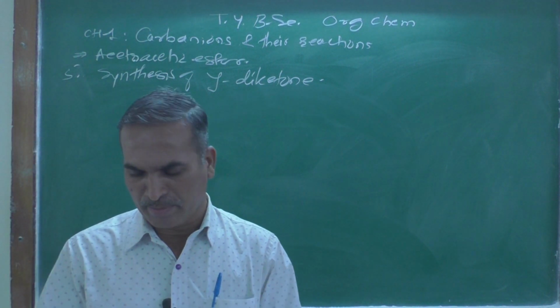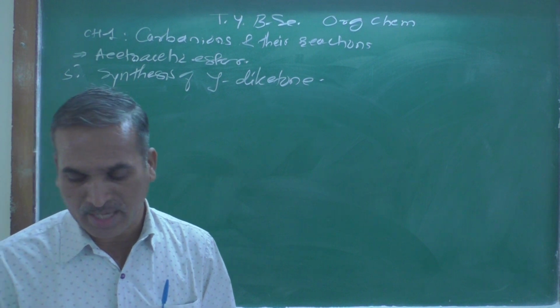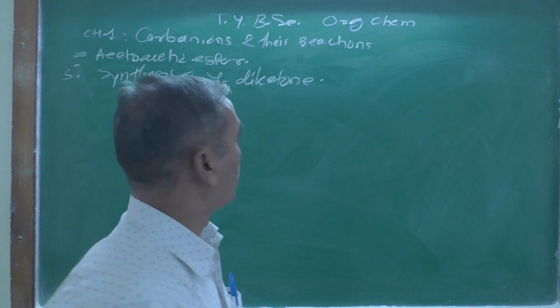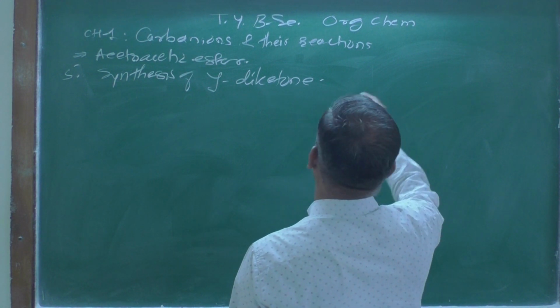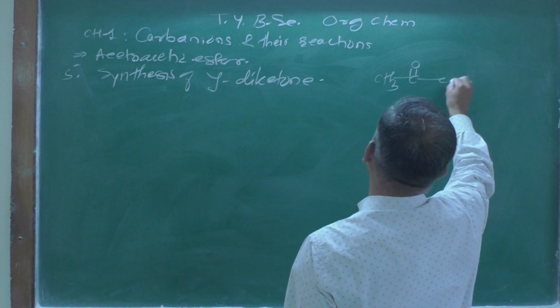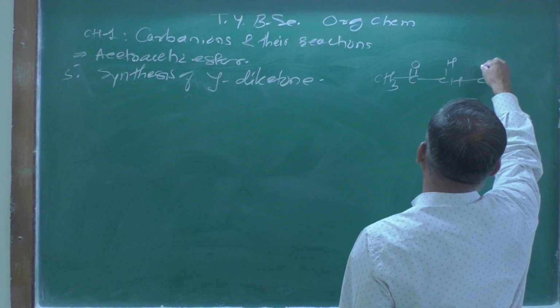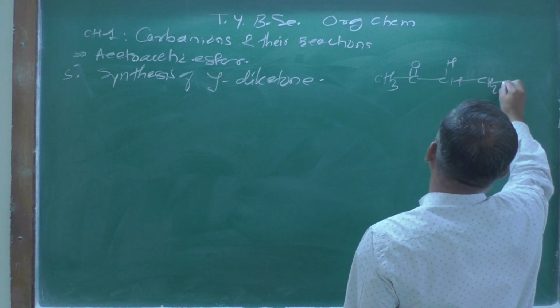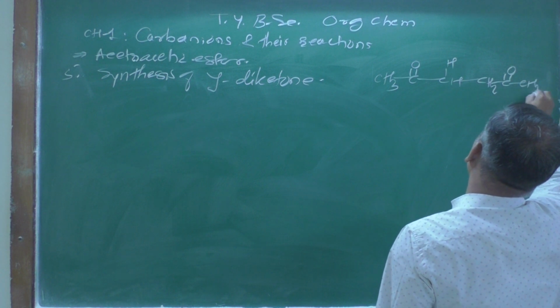So do you remember what is the structure of gamma diketone, or beta-diketone, we can call it gamma diketone. Suppose here CH3, C double bond O, CH2, C double bond O and CH3, right?